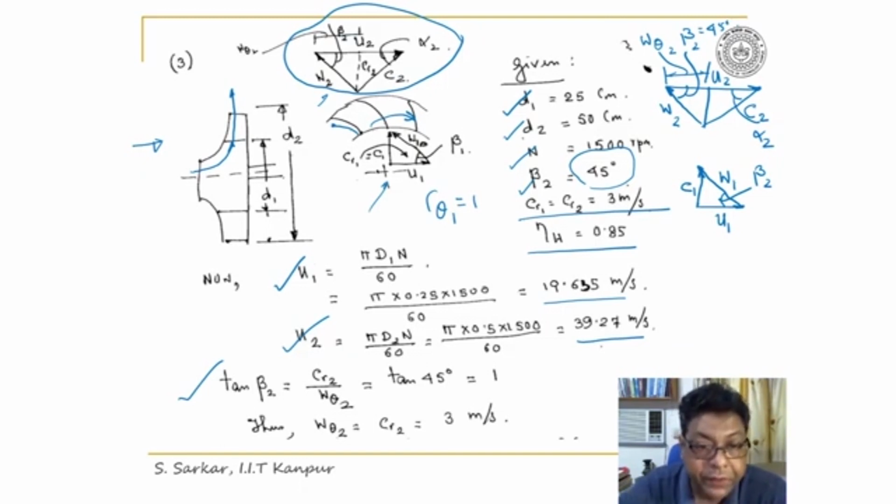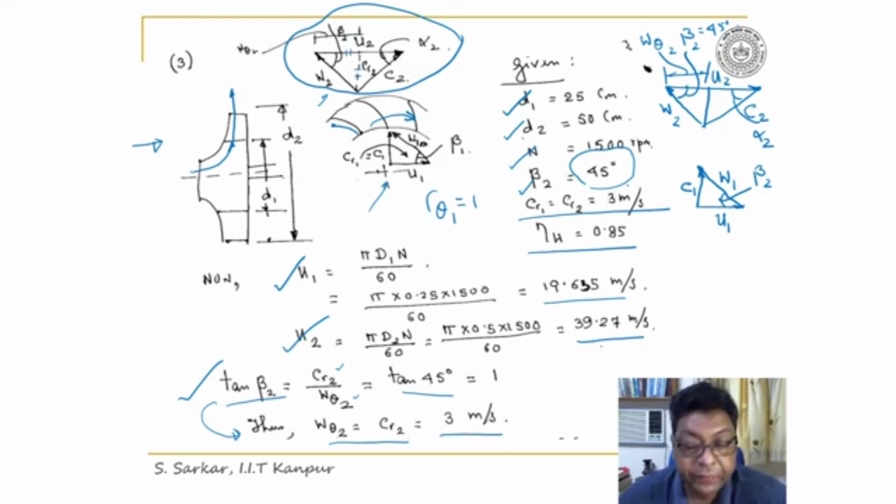Here, this is CR2 and this is W theta 2. Now this is 45 degree. So from this equation I can get W theta 2 is equal to CR2, the value of CR2 as given is 3 meter per second. So I can evaluate W theta 2.